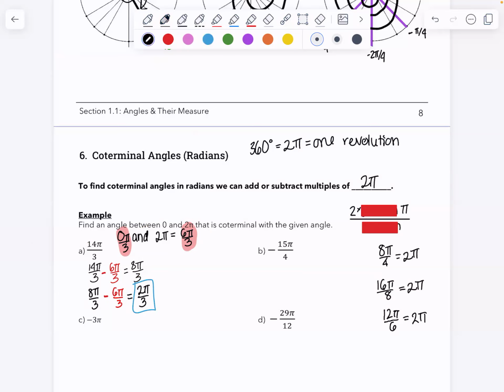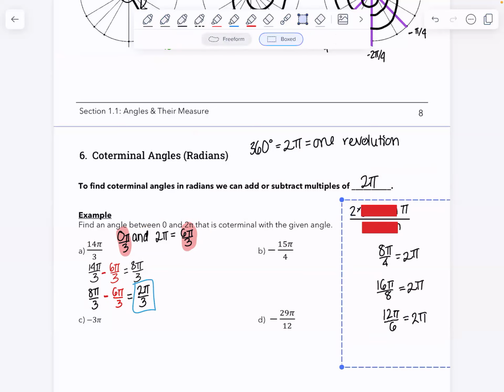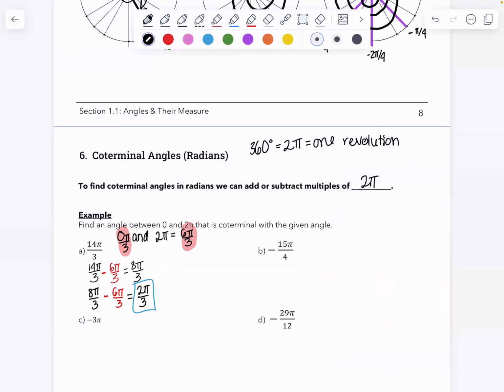For this next one, we're looking at denominators of 4, so between 0 pi over 4 and 8 pi over 4. This angle is negative, so we're going to need to add multiples of 2 pi. Instead of 2 pi, we're adding 8 pi over 4.